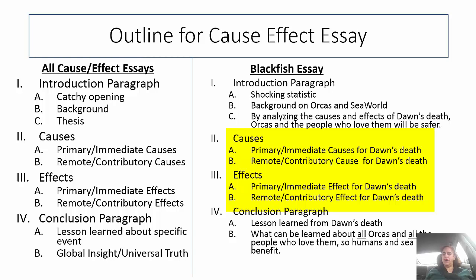You'll look at all the effects you developed in the brainstorm, and you'd write about those. And in the conclusion paragraph, you write about the lessons learned from Dawn's death and what can be learned about all orcas, not just Tilly, all orcas and the people that love them, not just specifically SeaWorld trainers and their audience, so that humans and sea life can benefit.